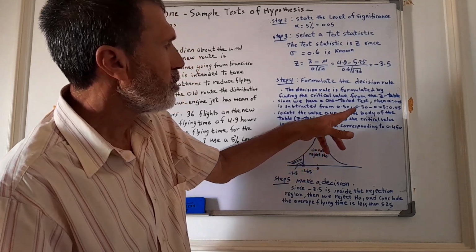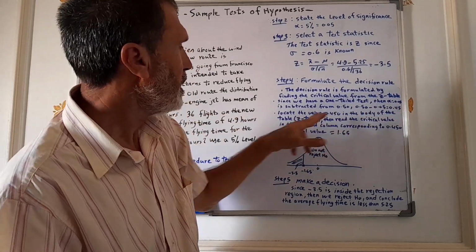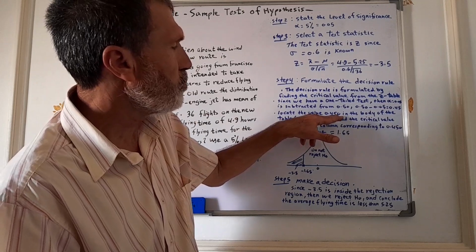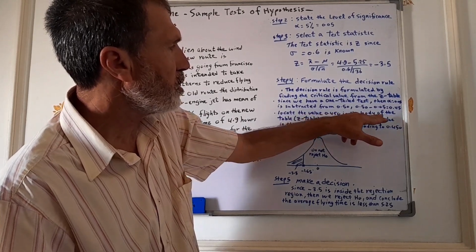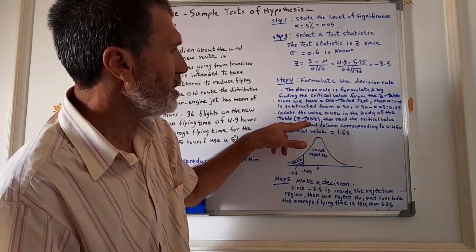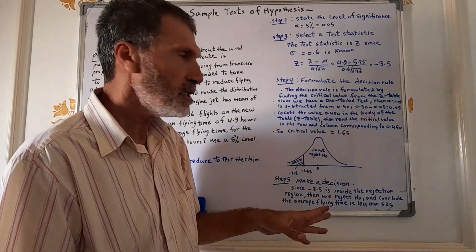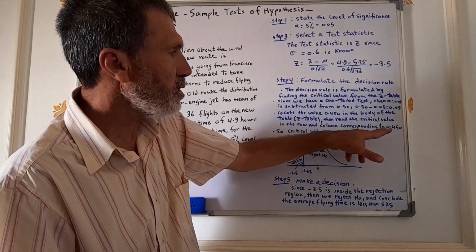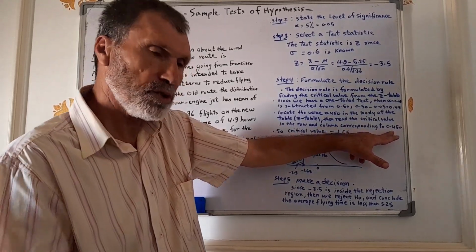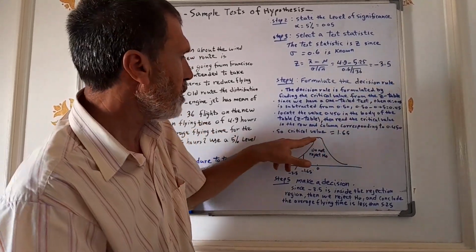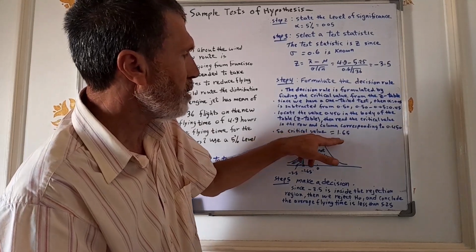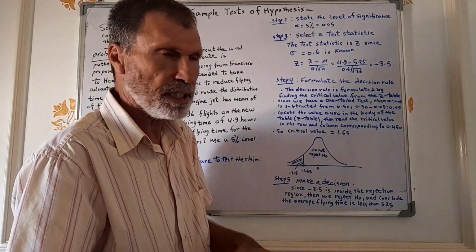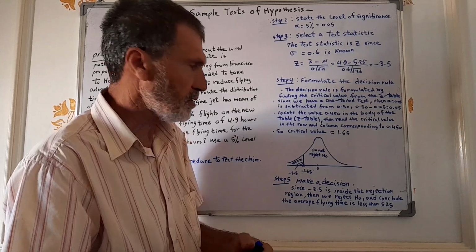Reading the critical value in the row and column corresponding to 0.45, you come up with the critical value 1.65.